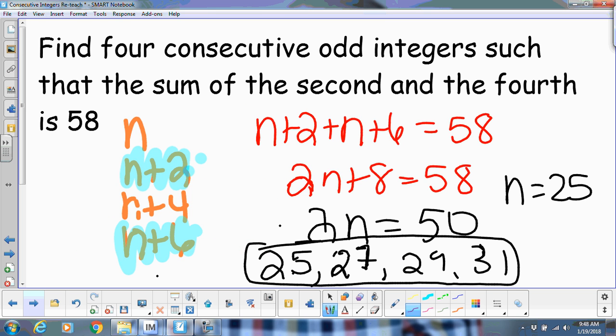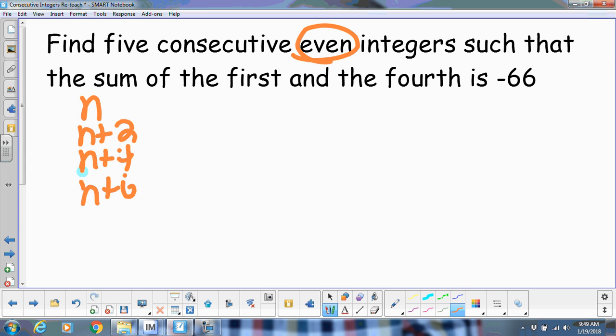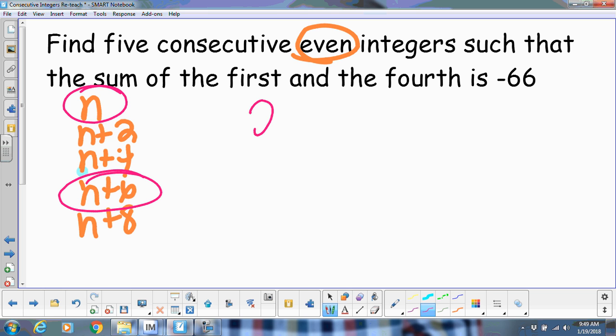All right, so we did these together. That takes me to here. 5 consecutive even integers, so that's n, n plus 2, n plus 4, n plus 6, and n plus 8, such that the sum of the first and the fourth is negative 66. So the first and the fourth, that's 2n plus 6 is equal to negative 66.